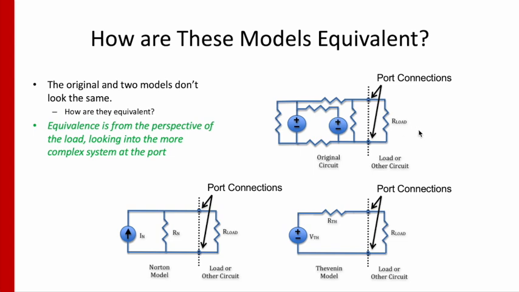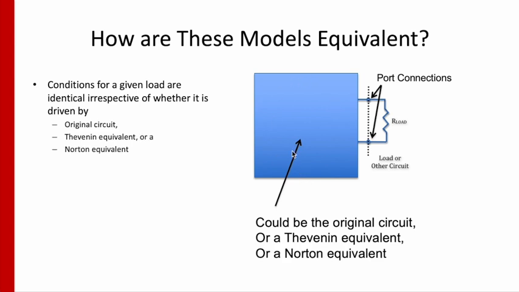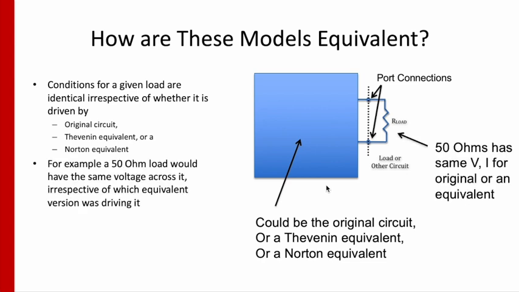A little more specifically, if we covered up this section under the blue box and we have this load over here, the conditions for the load are identical, irrespective of whether it is actually driven by the original circuit, by the Thevenin equivalent to the original circuit, or by a Norton equivalent to the original circuit. That's the nature of the equivalence.